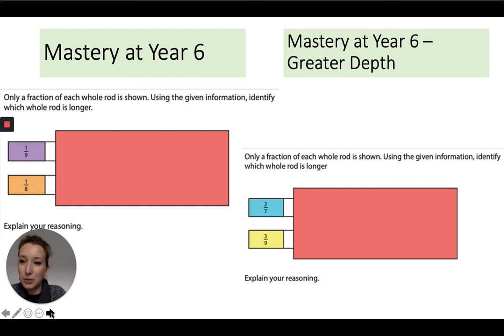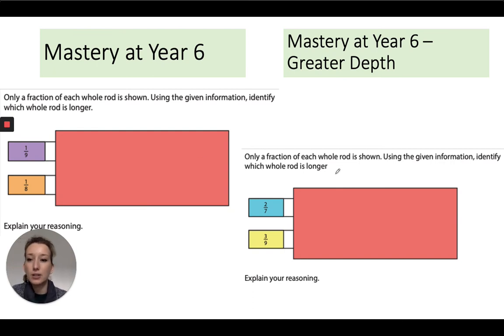So if you've got 1/8 and it's that size, and you've got 1/9, which is exactly the same size, which one is longer? So I'll leave you to have a little think about that. So I would say that 1/9 is longer because you've got 9 pieces, and then you've only got 8 pieces there. Okay, so it's going to be longer for 9 because it's 9 of them.